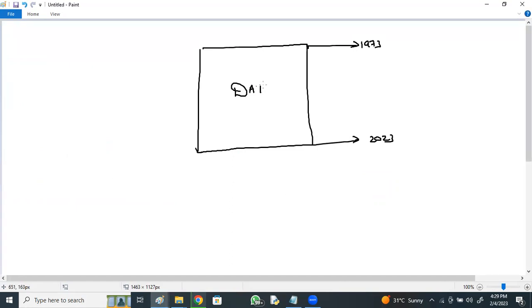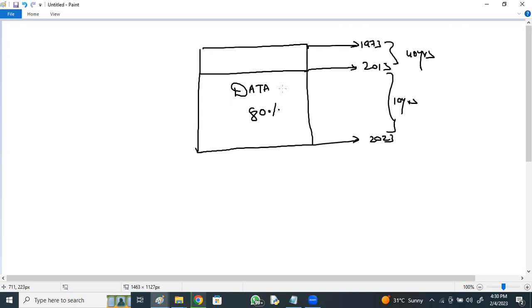But if you look at the data especially from the last 10 years, 2013 to 2023, compared with the previous 40 years, nearly 80% of the data has been generated in the last 10 years, and in the previous 40 years only 20% of the data.